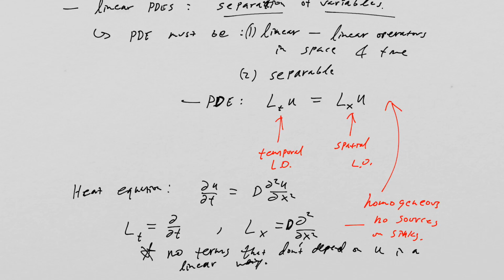In the context of heat transfer, that means there's no sources or sinks. It has to be a homogeneous problem where the only heat transfer is through flux.